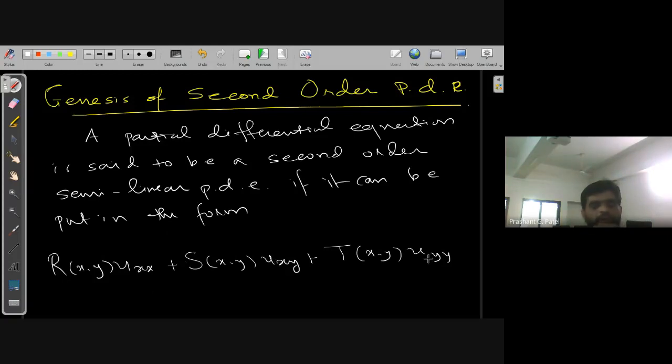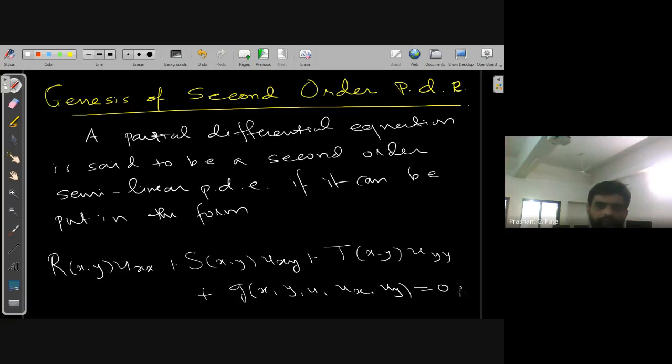This is del square u by del y square, plus some function g of x, y, u, ux and uy, equal to 0. Where R, S, T are not simultaneously 0, meaning that r square plus s square plus t square is not equal to 0, and r, s and t are continuous functions of x and y.